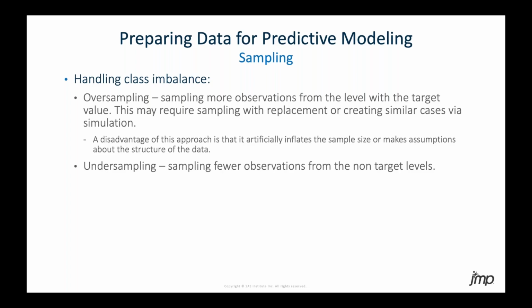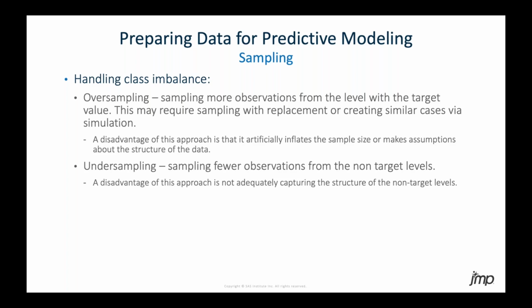Undersampling is another approach. Undersampling is just the opposite. I just sample fewer observations from the non-target level. So again, with our direct mailing, I've got 90,000 and 5,000. What I would do is I would randomly sample 5,000 people from my non-donators and compare those to the donators.